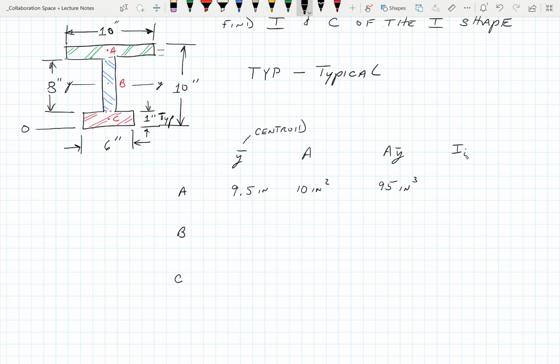And my I for a rectangle, and if it helps you, you're more than welcome to write them out here. So we are 10 inches times 1 cubed divided by 12, or 10 twelfths, right?